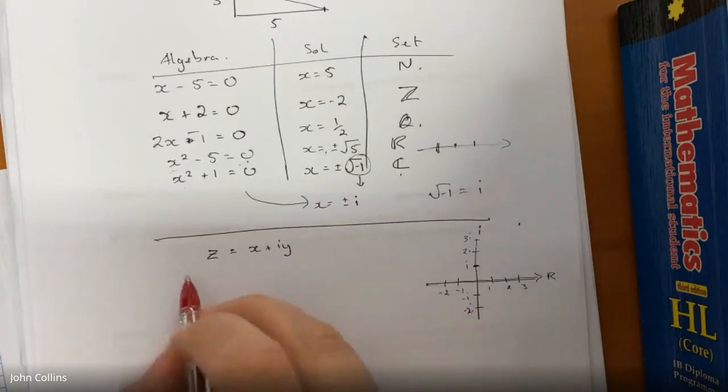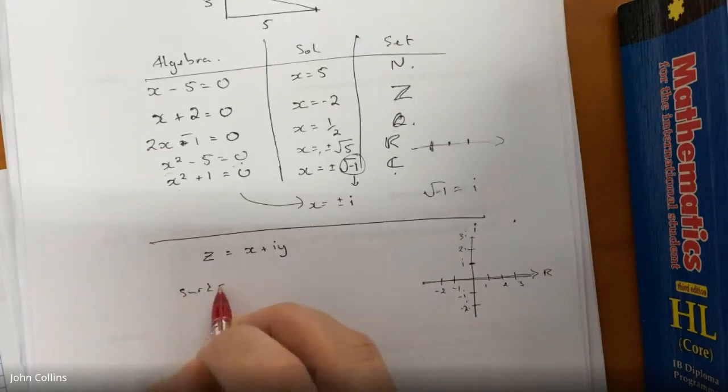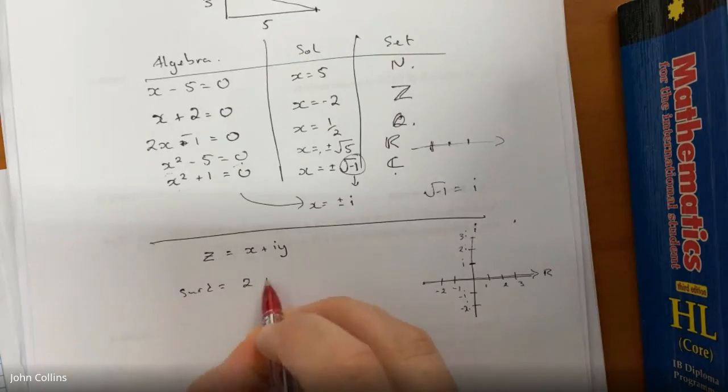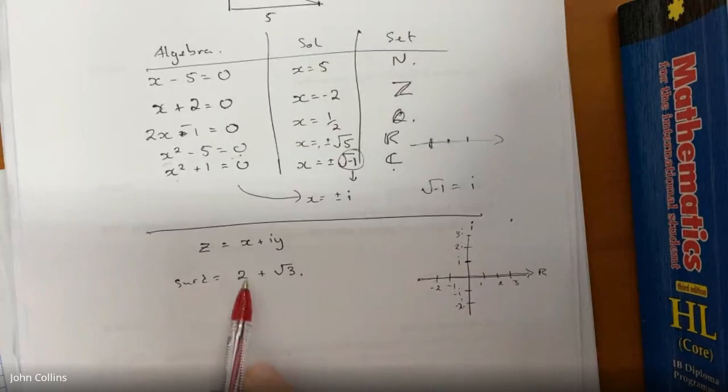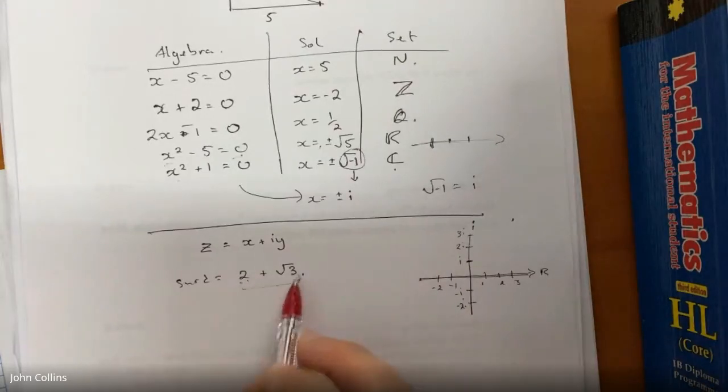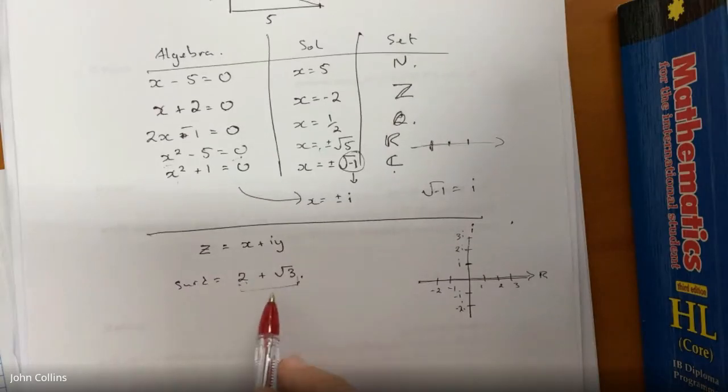It's a bit like a surd. A surd can be written 2 plus root 3. There is no way to combine this into one written number. It's not 2 root 3, that would be 2 times root 3. It is one number, but there's no way of writing it other than separating its parts like that.